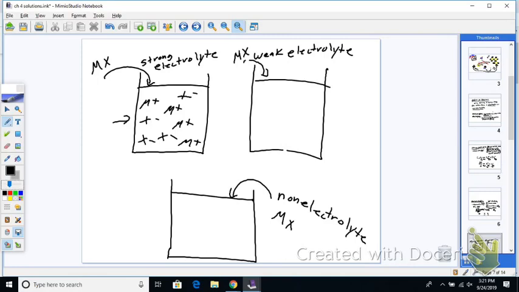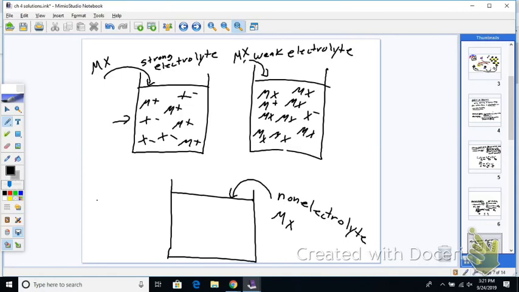So now I go weak electrolyte and I put the MX in there. It's going to look like this. See, that's not breaking apart. But after so many of these that we see, we might see one X minus and one M plus.